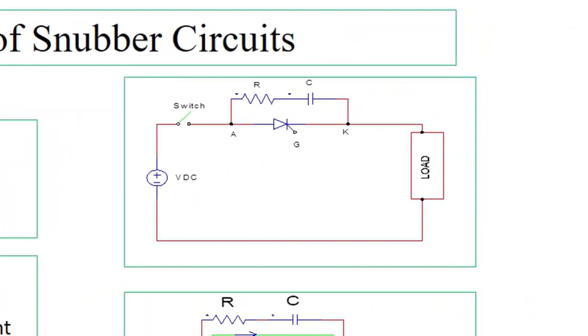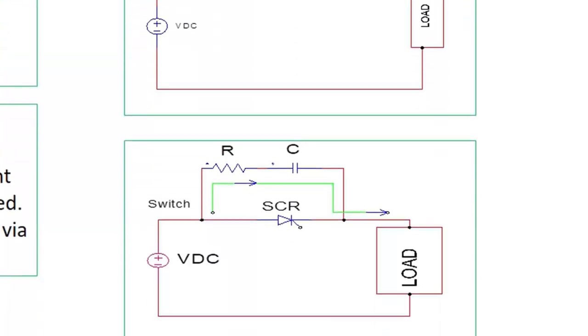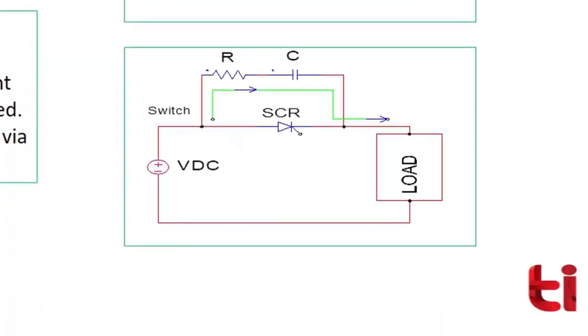So here a circuit is developed. You can see VDC, switch, RC, thyristor, load is there. Now when the switch is made on without any gate current, that means thyristor is off and the switch is closed, then current will flow in the direction VDC, switch, RC, load and back to VDC.